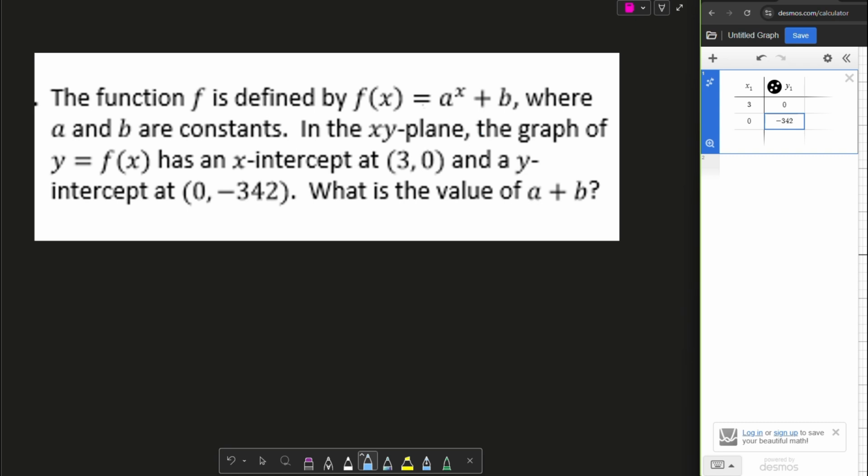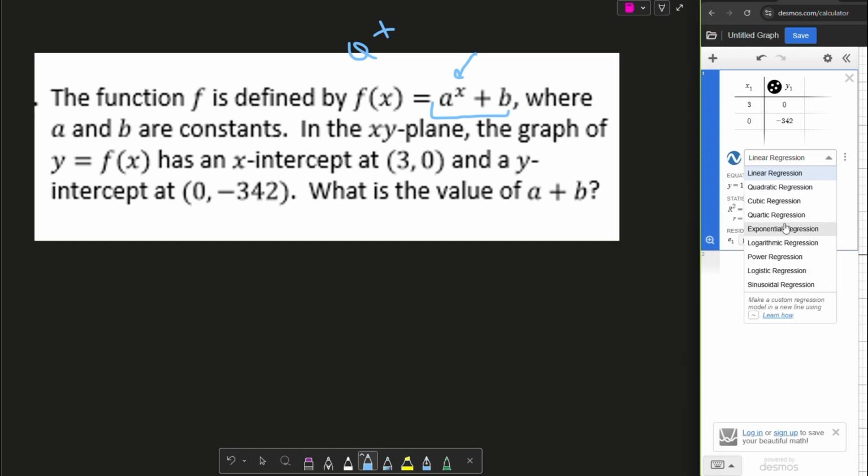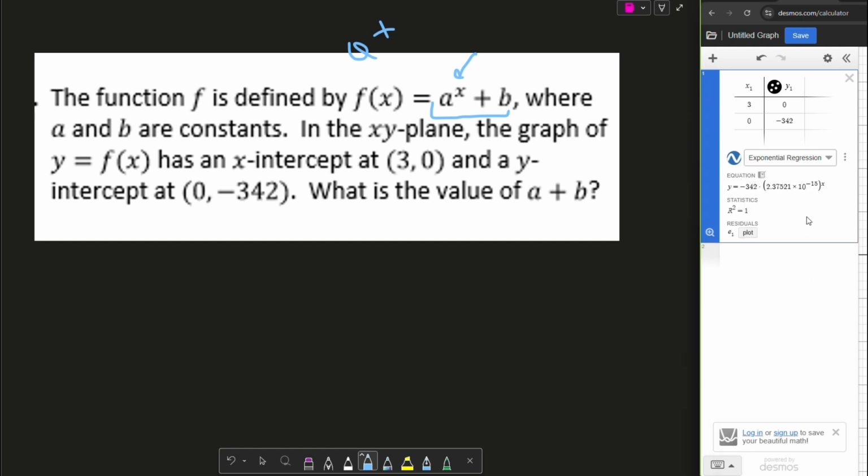This is not a linear function or anything like this. So, and here's our formula. But what if we click add regression button? In this case, because we have a power, it will be an exponential function. So we can change the linear regression to an exponential. But our answer looks really, really bad.